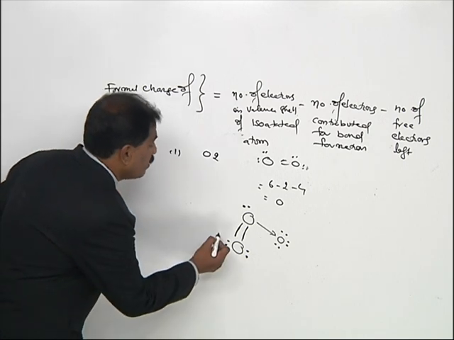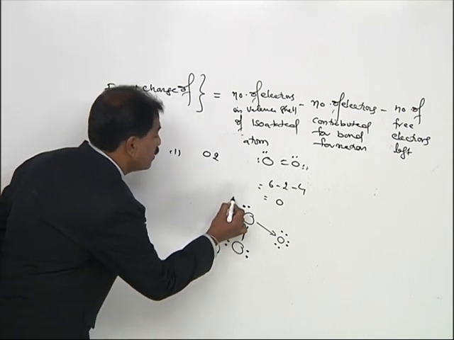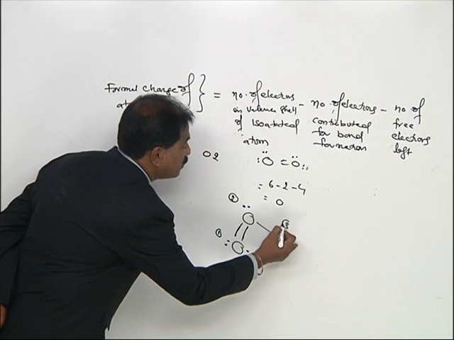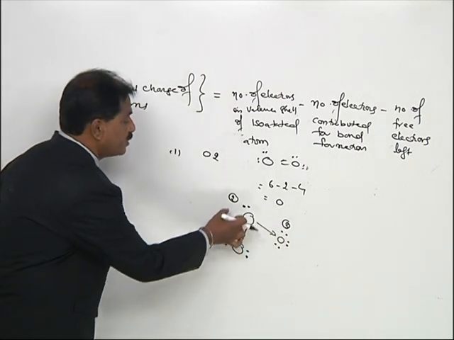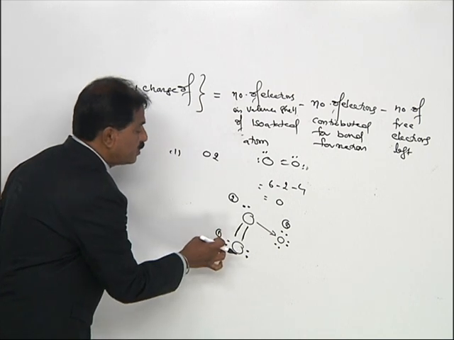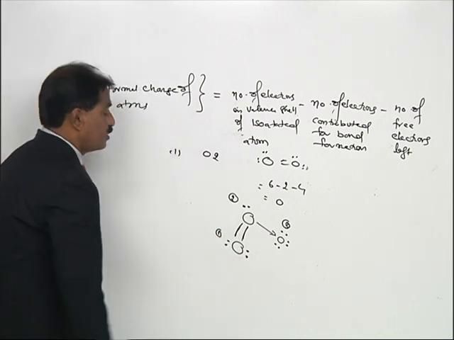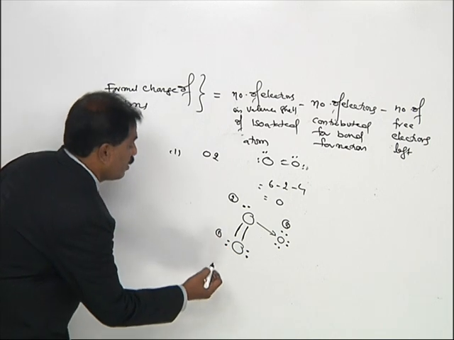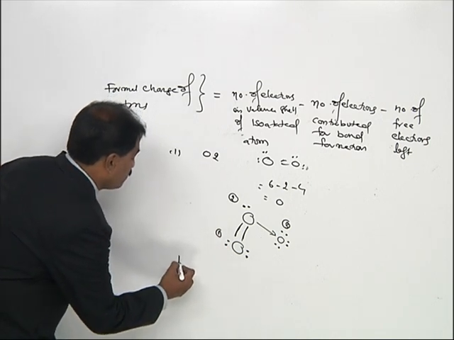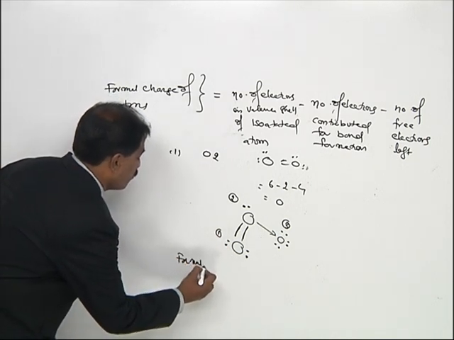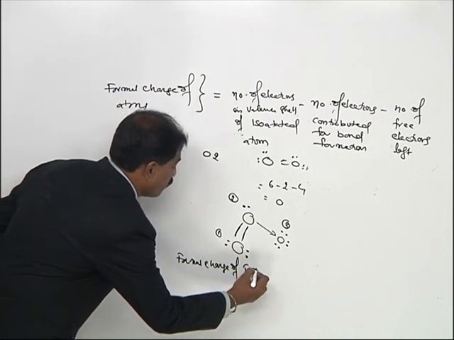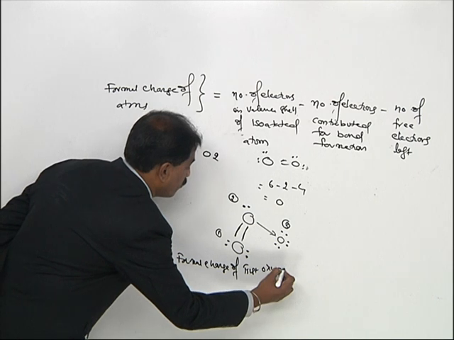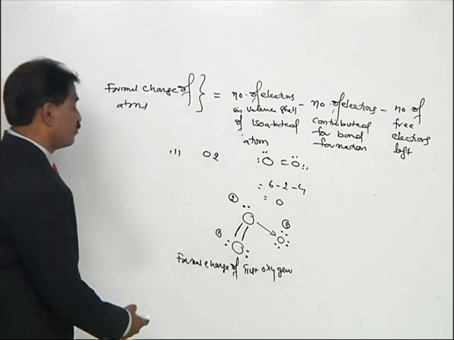Now let us label these oxygens as 1, 2 and 3. Let us calculate the formal charge of each and every oxygen atom separately. First I am calculating the formal charge of the first oxygen.